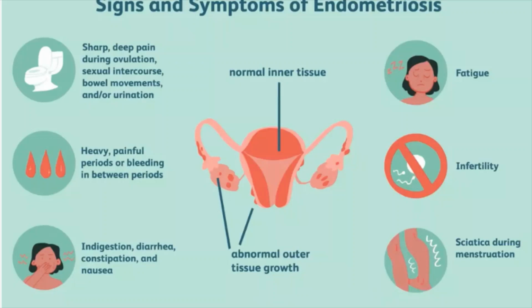Endometriosis is sometimes mistaken for other conditions that can cause pelvic pain, such as pelvic inflammatory disease or ovarian cyst. It may be confused with irritable bowel syndrome, which is a condition that causes bouts of diarrhea, constipation, and abdominal cramping. Irritable bowel syndrome can accompany endometriosis, which can complicate the diagnosis.